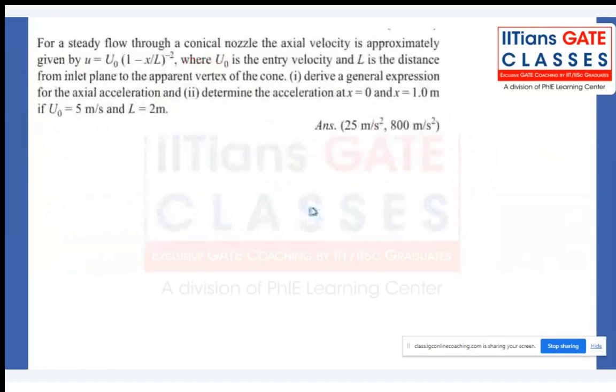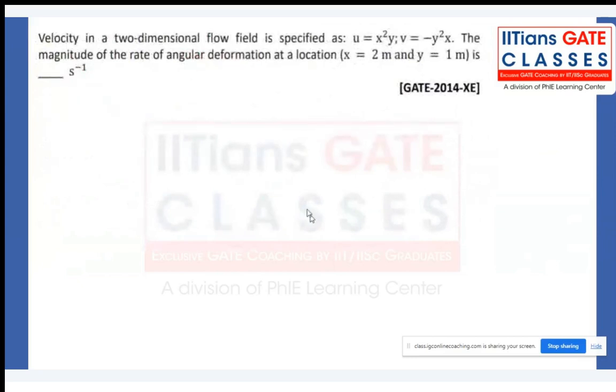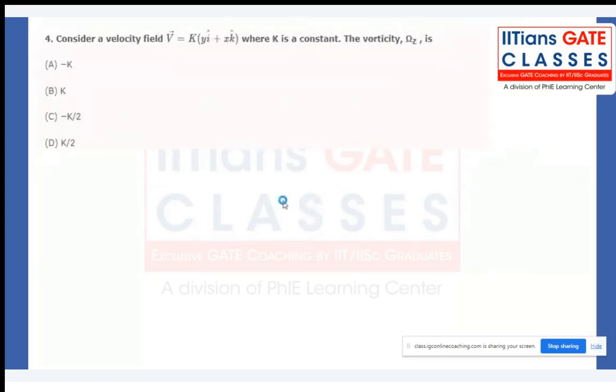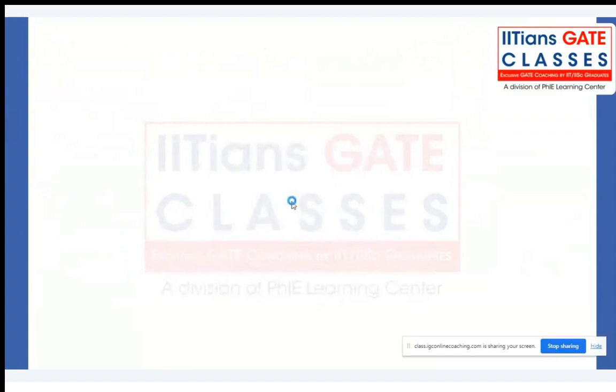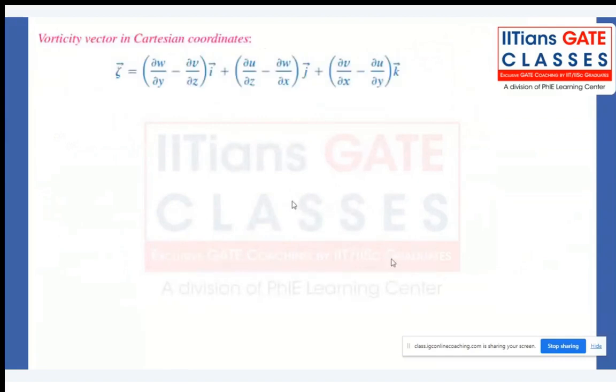We have seen the linear motion, then we saw it can have rotation and shear deformation. We noted down this last equation, the vorticity vector. This is what we have written, right? Please check it out.